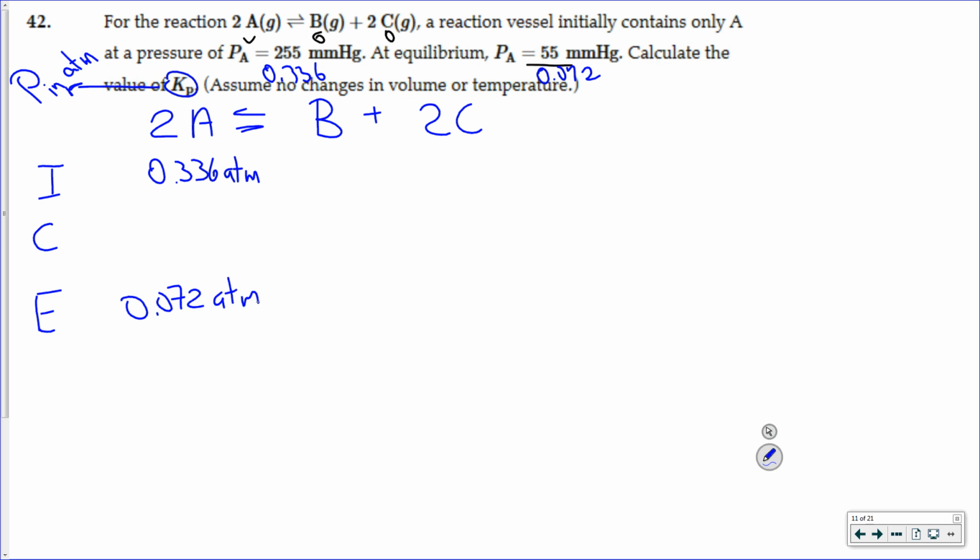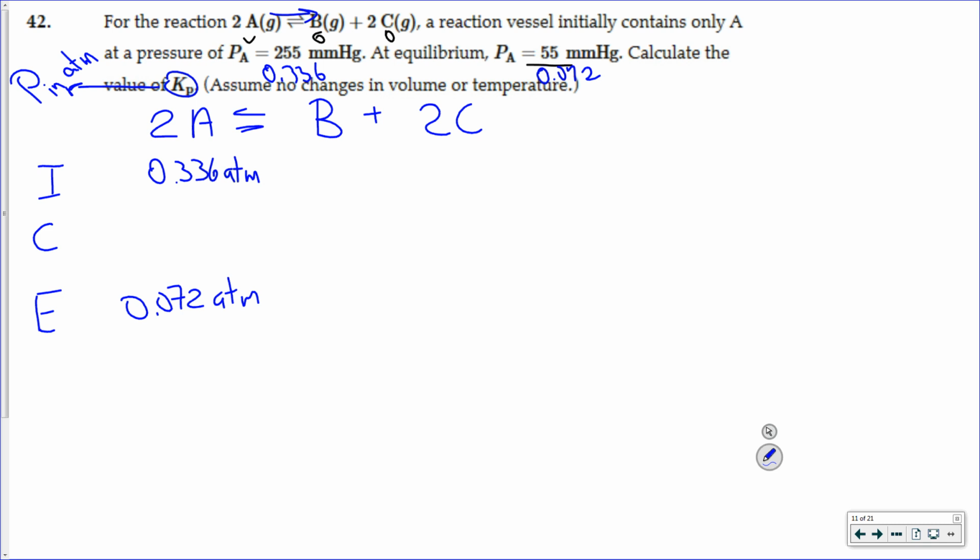Now if I look at the change that's going to occur on these, the way that I tell you we ought to look at the changes is the one that's a single copy of something, call it X. This reaction has only one choice in a direction to go, because initially there's no products, there's only reactants, so it's got to go forwards.